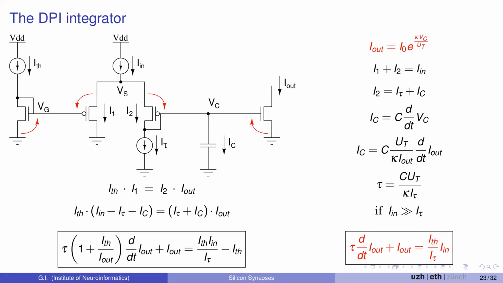When the synapse is completely switched off and I out starts from 0, in that case, you have this term. This term is non-negligible. So at the very first spike, it will not behave like a first order linear differential equation. It will behave as this ugly thing. But with the second and third and fourth spikes, it will actually behave as a first order linear differential equation.